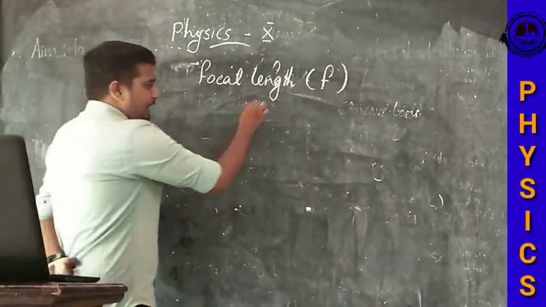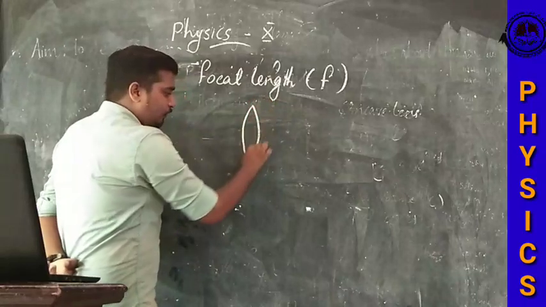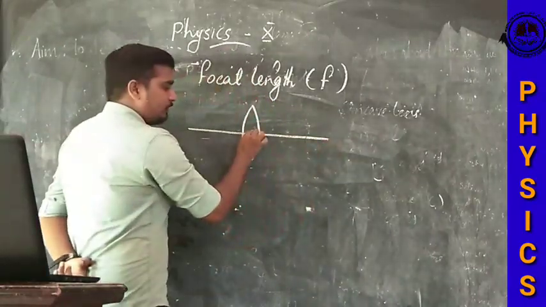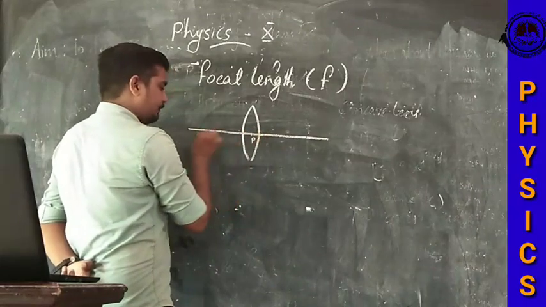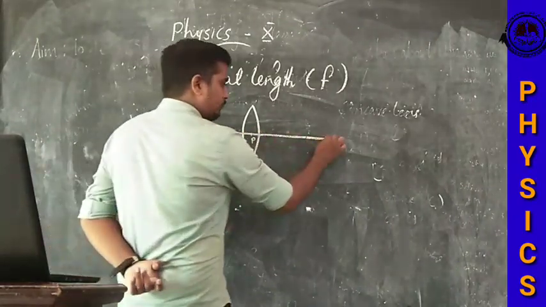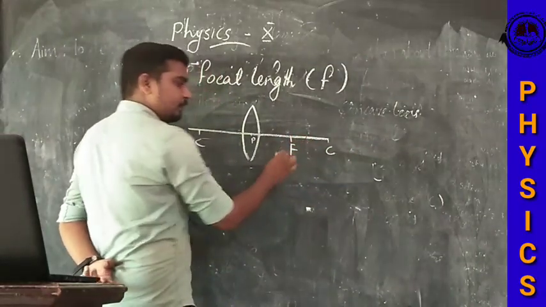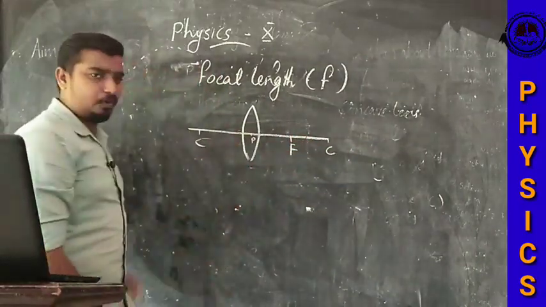We have what is the principal focus. For example, in the case of a convex lens, here this is f, that is the principal focus.